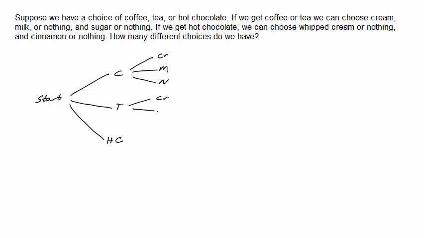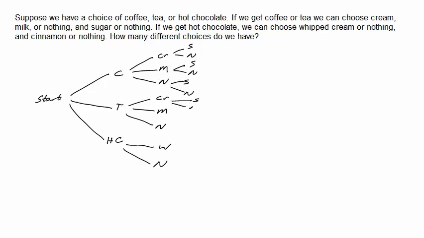Similarly for tea, cream, milk, or nothing. And then for the hot chocolate, I can choose whipped cream or nothing. And then for each of these choices, so if I choose coffee with cream, I can either have sugar on it or not. Same thing for these others.